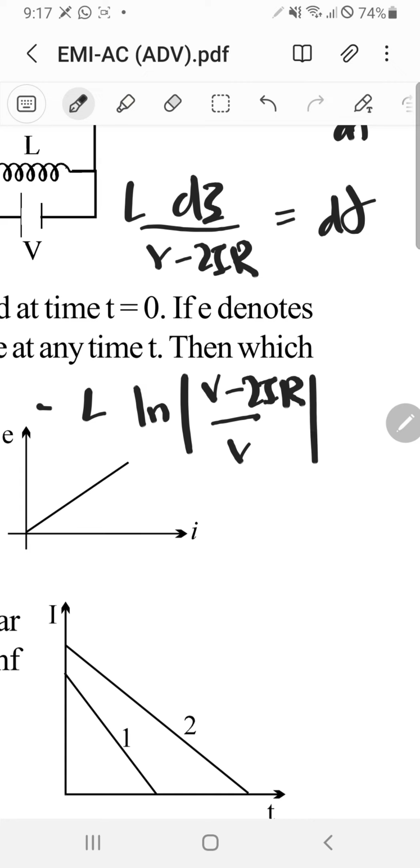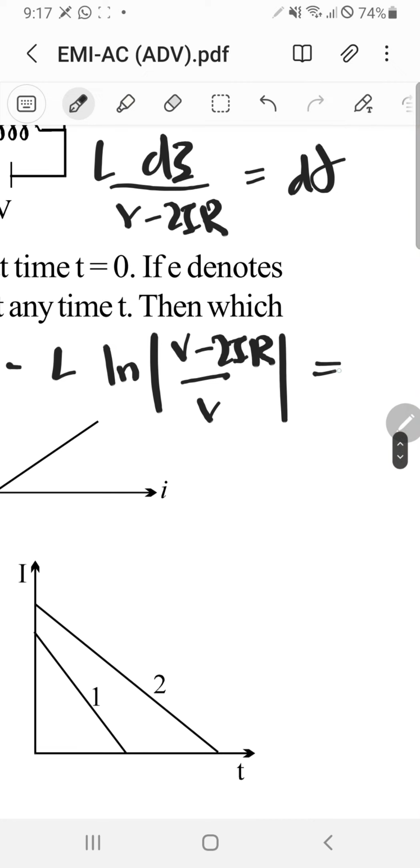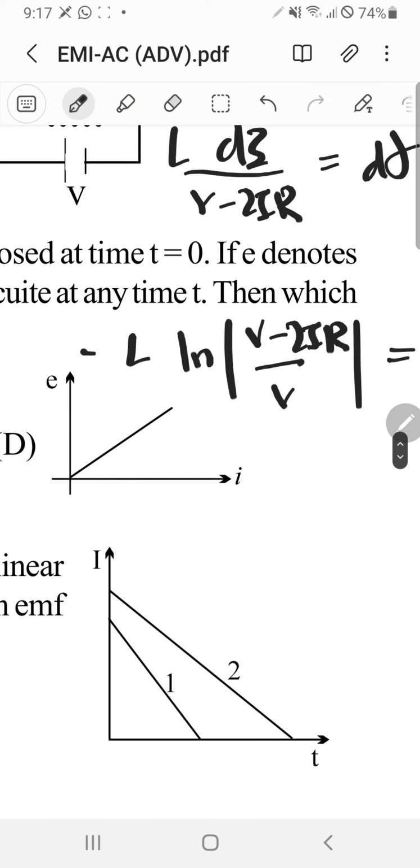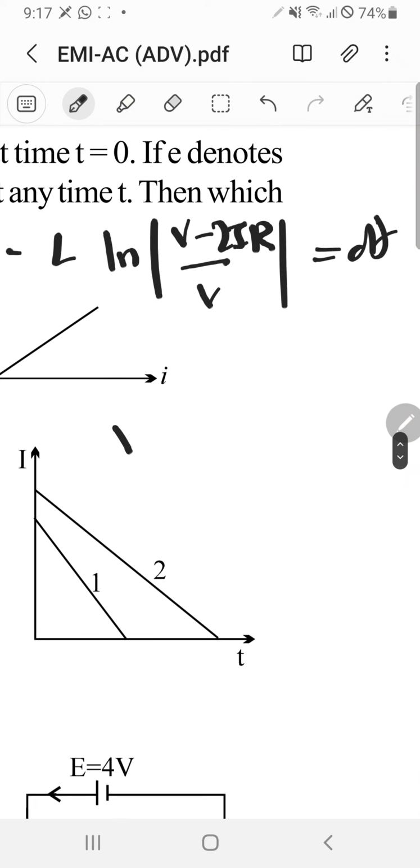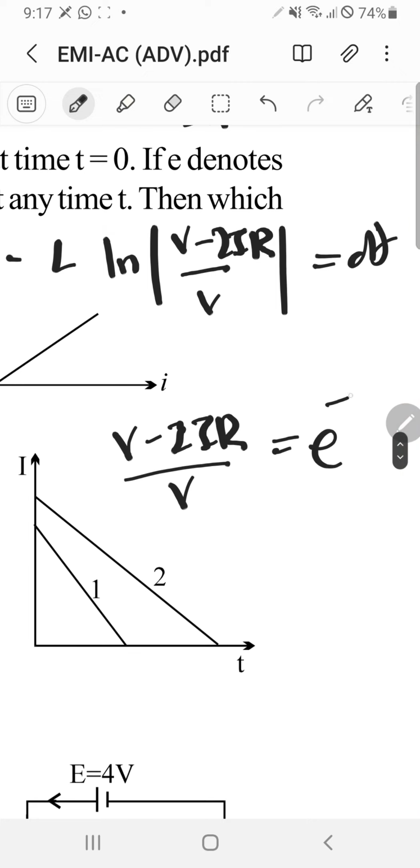Oh, it's negative. Equal to dt. So putting that over there, you get (V minus 2IR) upon V equal to e power negative 1 by L times t, so t by L.